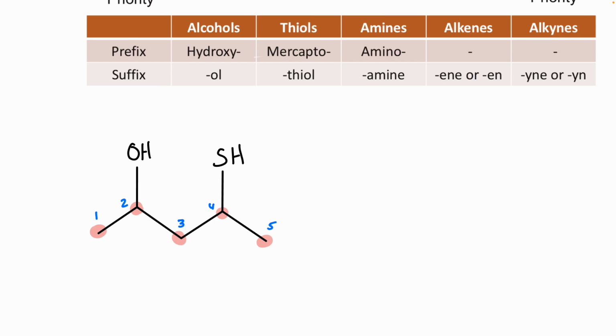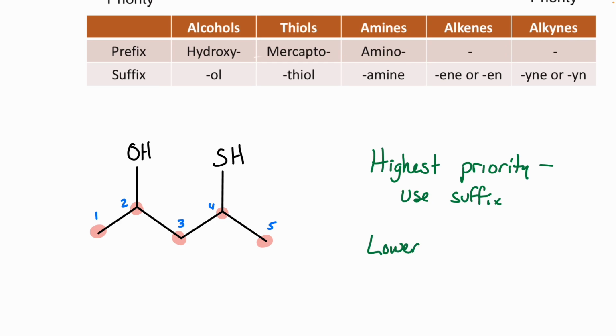All right. When we get a molecule like this that has 2 functional groups in there, our highest priority group, we're going to use its suffix, but any lower priority groups are no longer considered functional groups in the nomenclature world. They are now relegated to just being substituents, which is going to use those prefixes instead.